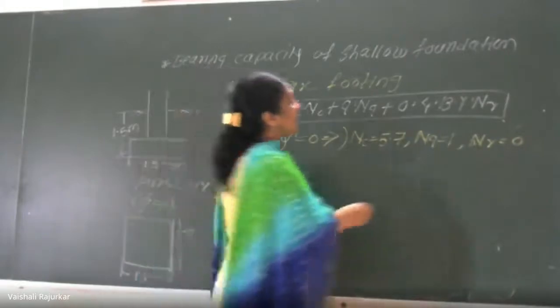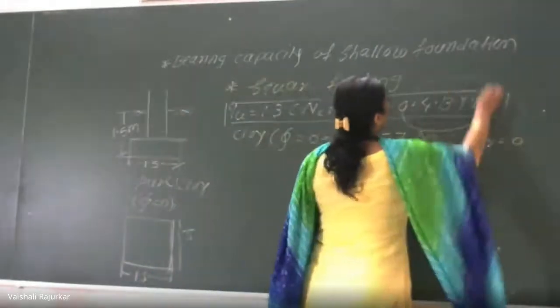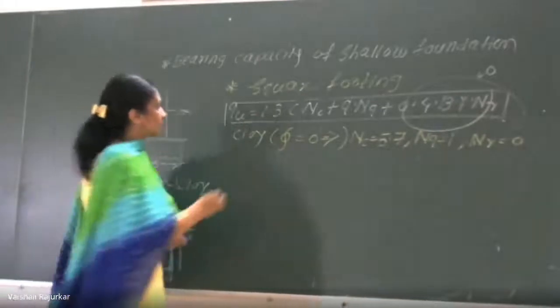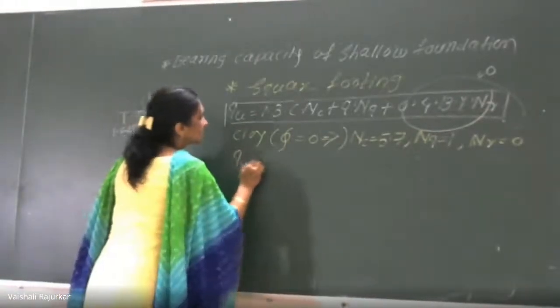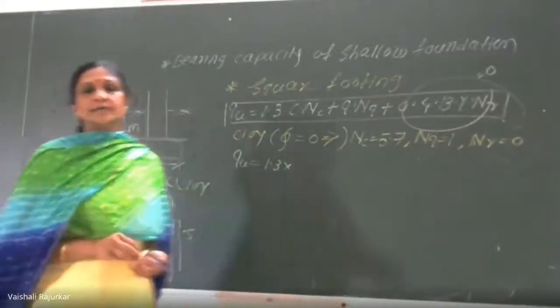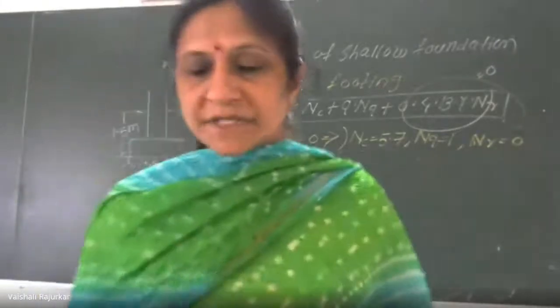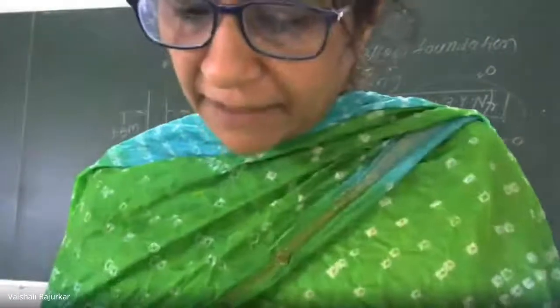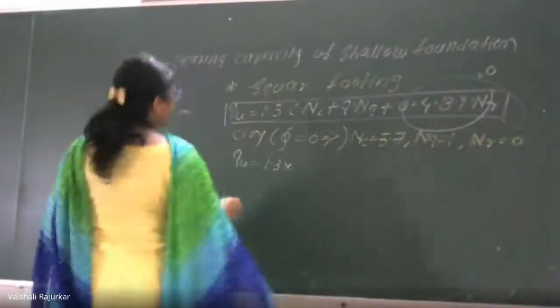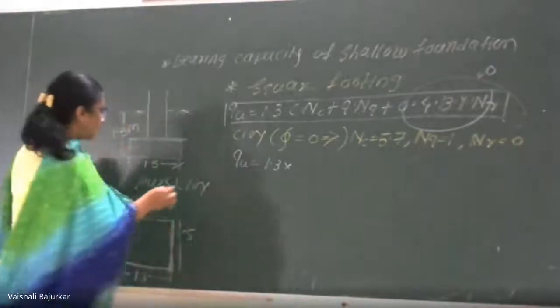Now if N gamma is 0, naturally this term will be 0. In the equation, the third term will be 0, and therefore qu is equal to 1.3 c Nc plus q Nq. Now what is given? Instead of c, the unconfined compressive strength qu is given, and this is 150 kilonewton.